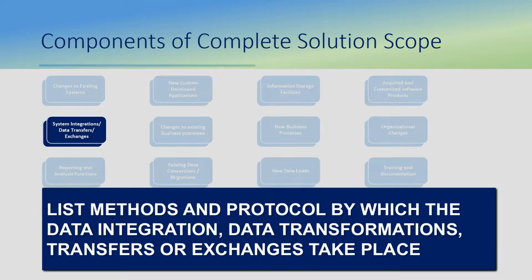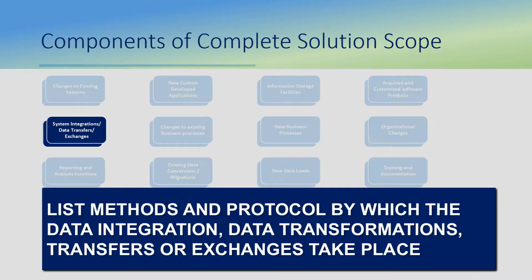Next, system integrations, data transfers, and exchanges. Data may be supplied to or exchanged between solution components. These integrations, transfers, or exchanges can take many forms, from file transfer to message exchange using a message queuing facility, to data supplied by an application programming interface, to data exchanged via mailbox to email integration.